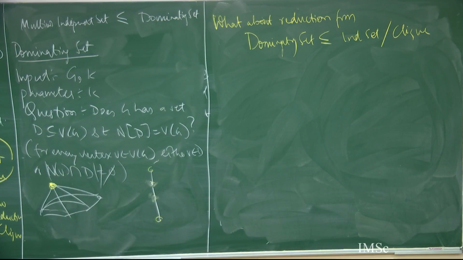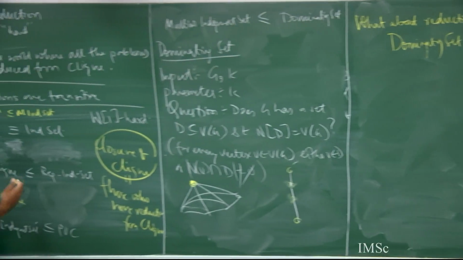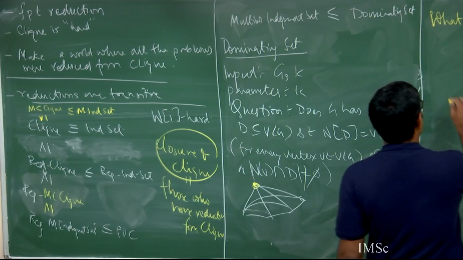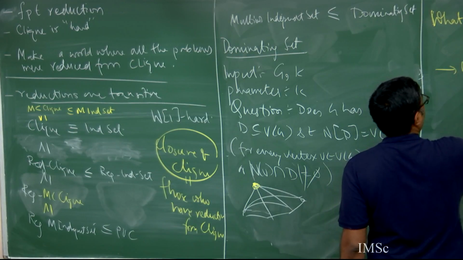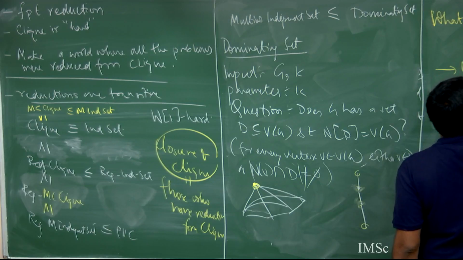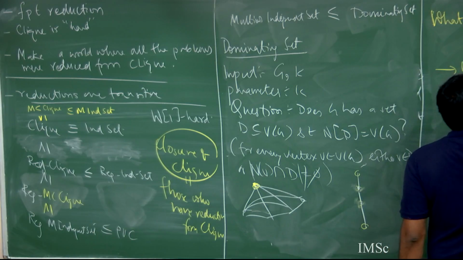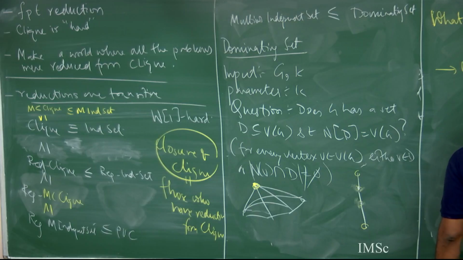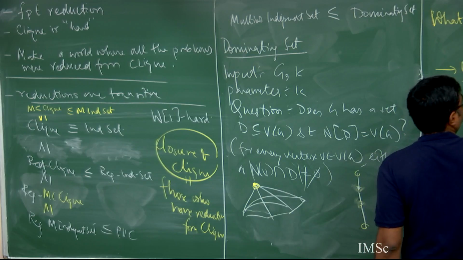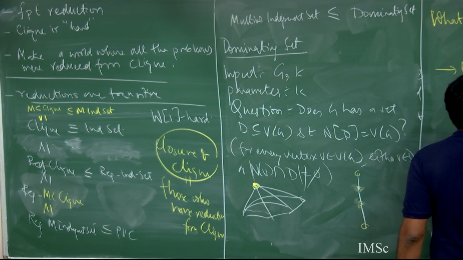And in parameterized complexity, the way we had a closure for independent set, we also have a notion of closure for dominating set, okay? So we do not expect an FPT reduction from dominating set to independent set, okay?